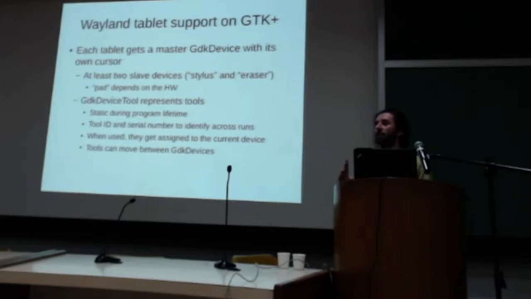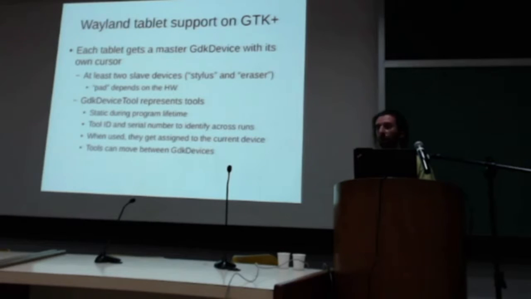We now have multiple trees where each tablet is driving the master device. The master device would be the actual cursor you see on the screen. And each of those is driven by slave devices, which would represent the actual hardware.